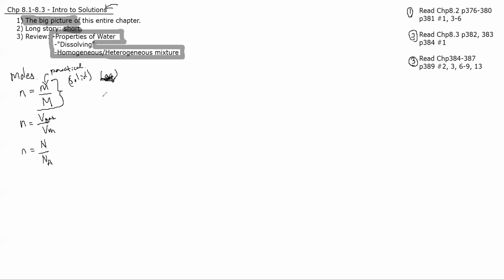Solutions, or any kind of liquid mixture, I suppose, is always going to be measured in volumes. It's very rarely ever measured in grams. And so how can we take moles and quantify it in a situation where all you have is volume? In short, this is the long story short: moles inside a volume of water.